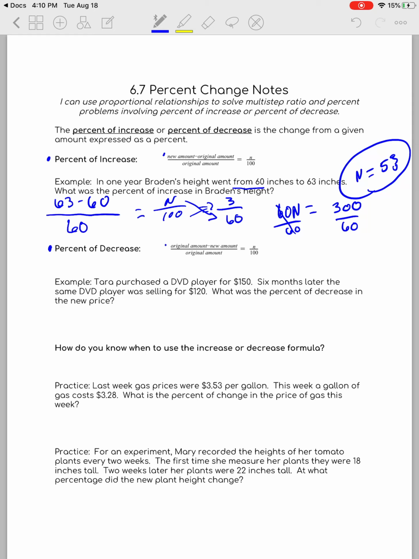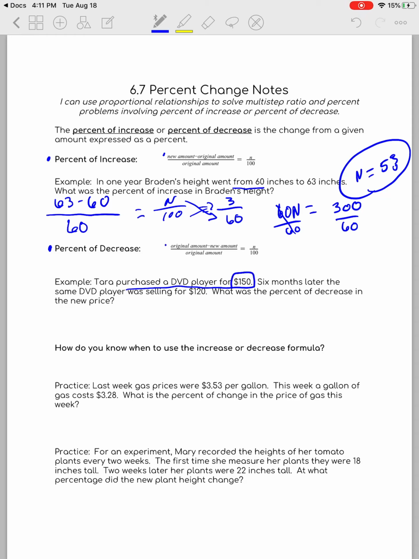Now, let's check out a percent decrease. You're going to take the original amount minus the new amount over top of the original. So, Tara purchased a DVD player for $150.